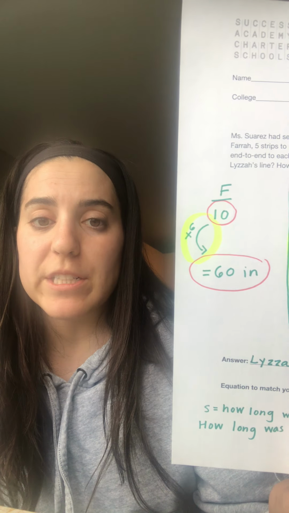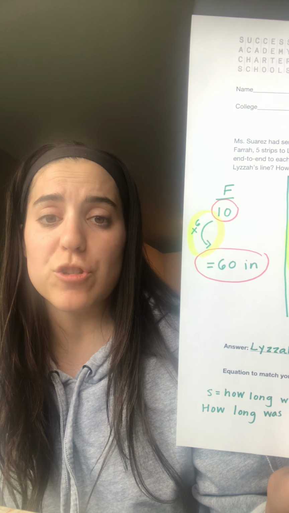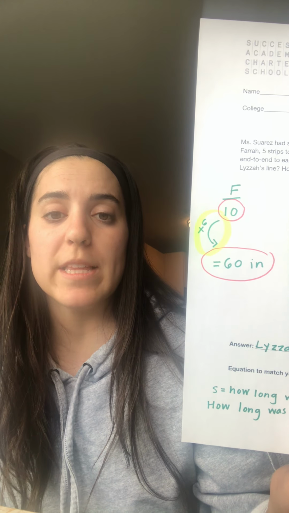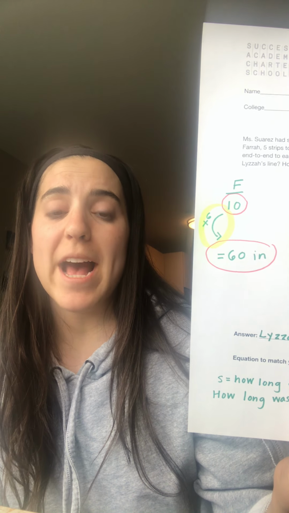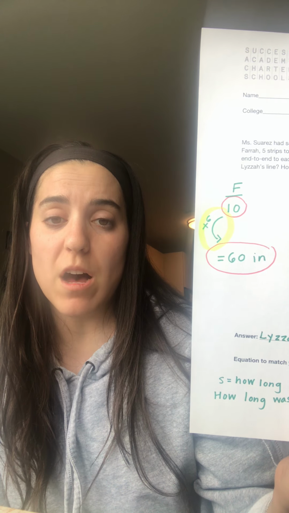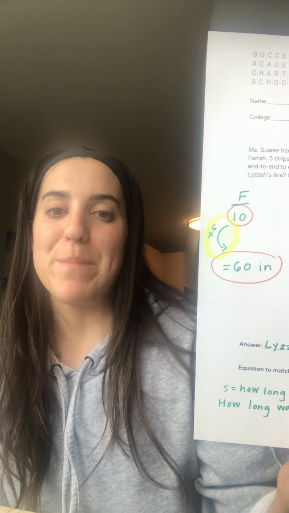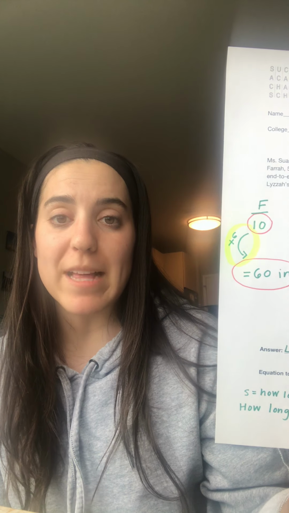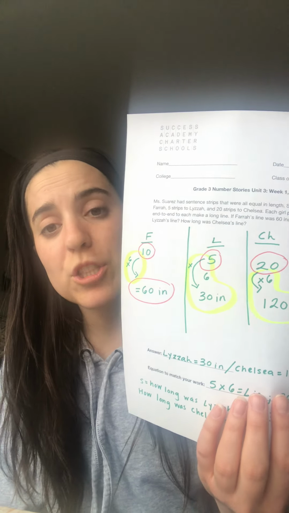If you look at Farah's first, we know that she had 10 sentence strips, and ultimately when she laid them out, they laid out to be 60 inches. So we know that if she had 10 and it was 60 inches long, we would multiply those 10 sentence strips by 6. In the beginning of this math story, it says that all of the sentence strips are the exact same size. So we know that we can do the same operation to find out how long Liza's line is and how long Chelsea's line is.